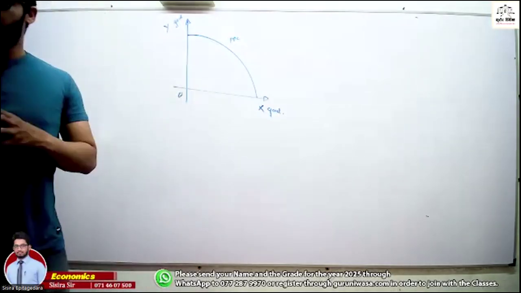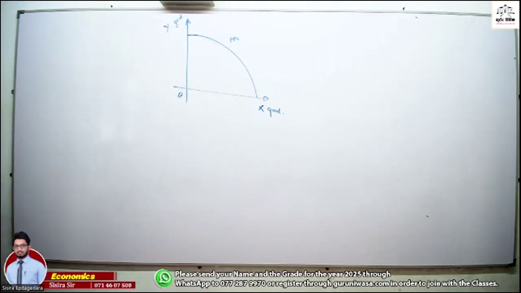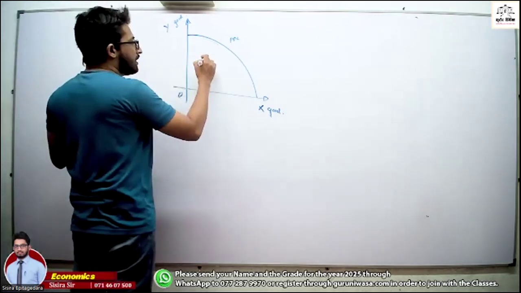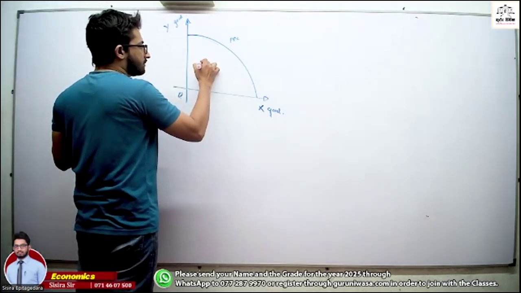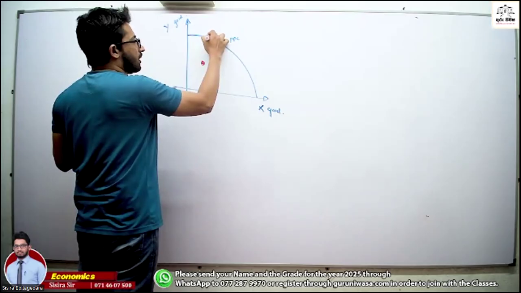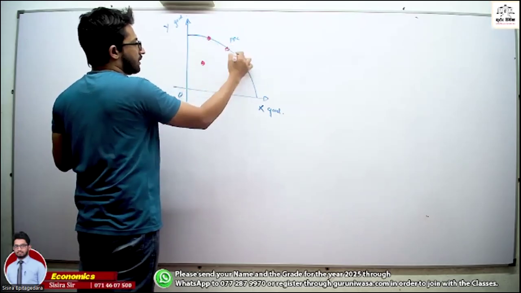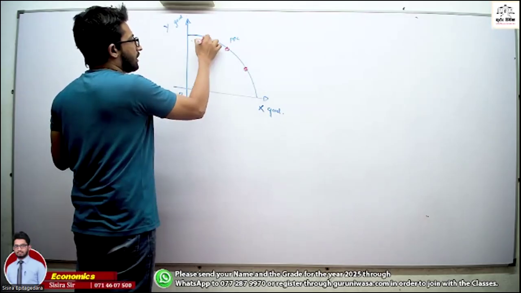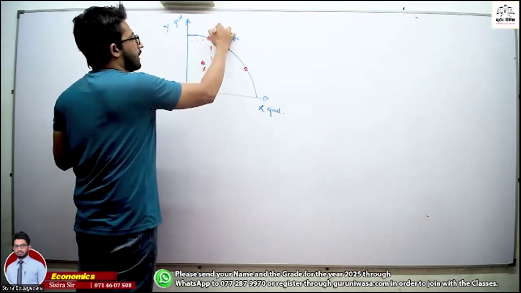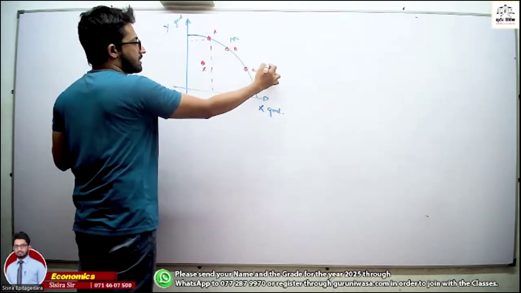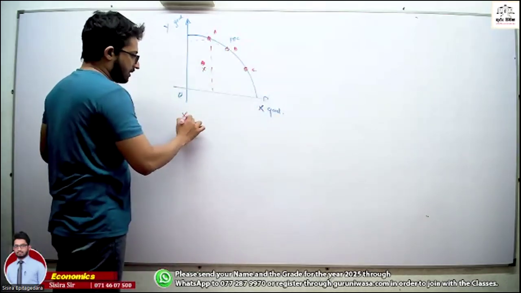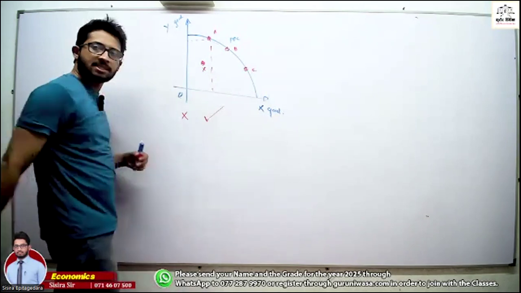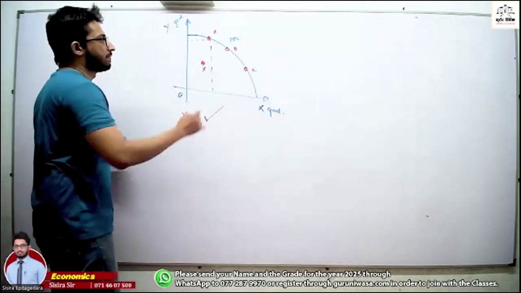But what I need to say, Lamai, is that the economy can achieve any point inside the curve and also any point on the curve, right? X, A, B, C. The economy can achieve point X, which is inside the curve.